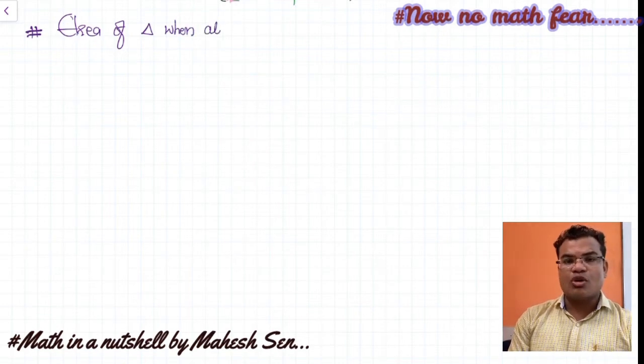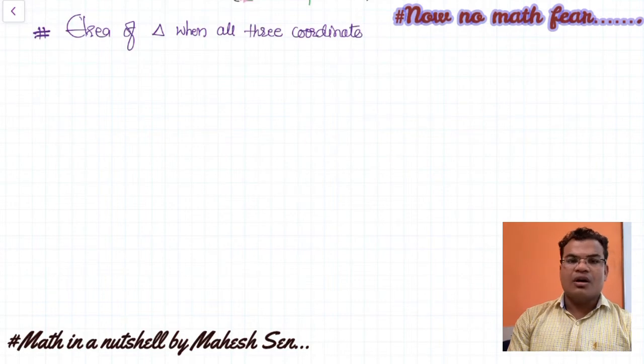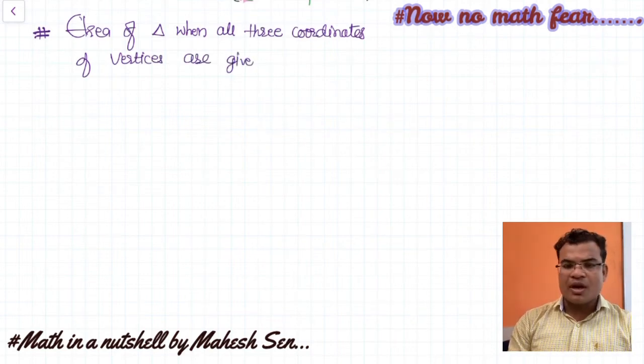So the next topic in this video is the area of the triangle when the coordinates of all three vertices are given. How will you find the area of the triangle? And one more thing, we can derive this through Heron's formula. So with the three vertices, Heron's formula will apply here, we will get the values, and that formula is proved by Heron's formula.